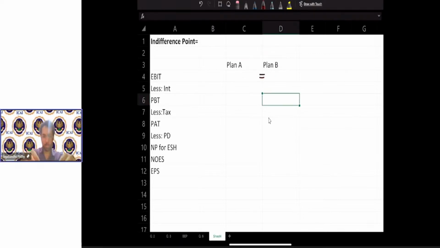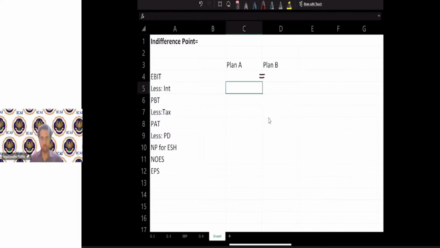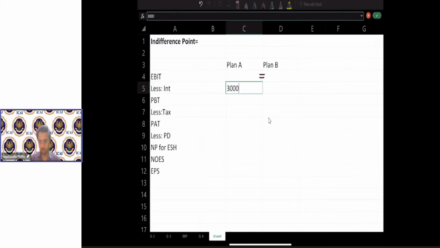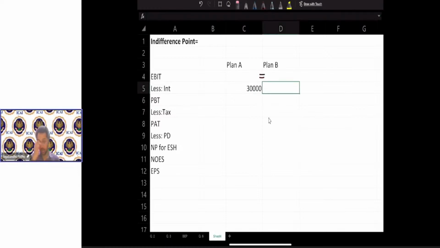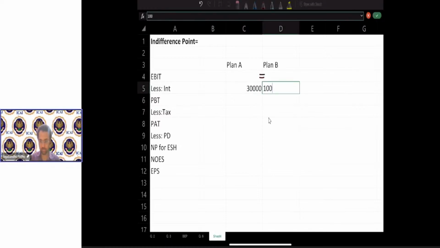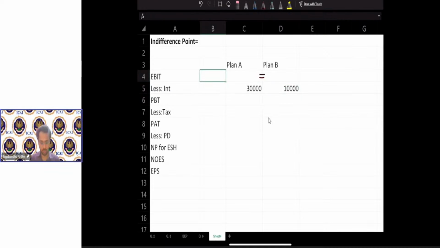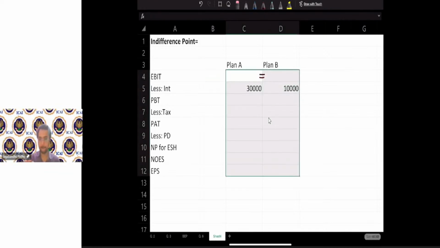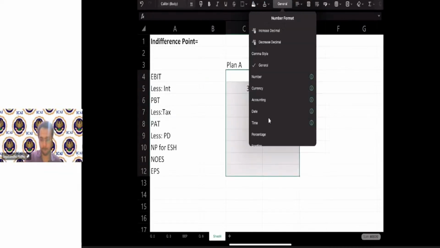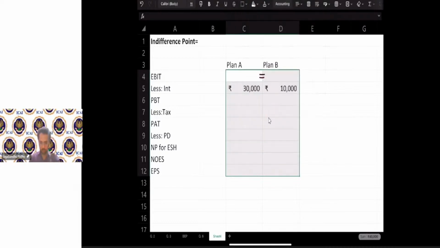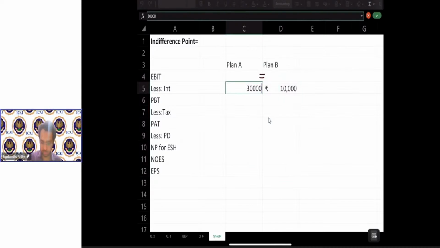Now interest over here, for both plan A and plan B, it's going to be different. So let's say in plan A, interest is 30,000 and plan B, it is 10,000. Okay, so we have this interest.